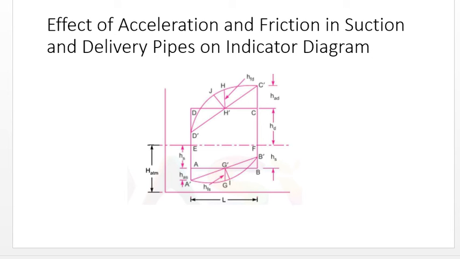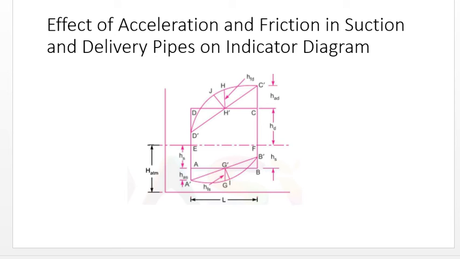And at the end of the suction stroke, again HFS will become 0 because sine 180 is equal to 0, but there will be the HAS value, but this HAS value is negative. Why is this negative? Because cos 180 is equal to -1.